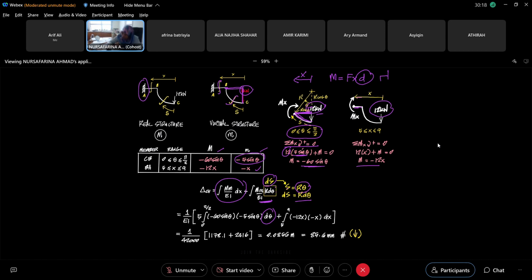So you get 60 sin theta times R d theta, which is pi sin theta. You have converted S to R sin theta. Then enter into the calculator, both, and you will get 85.6 mm.